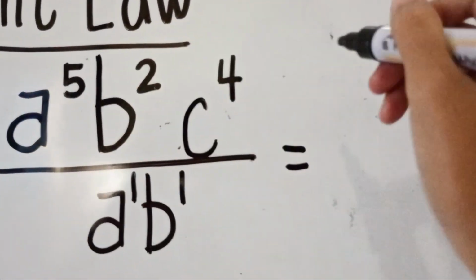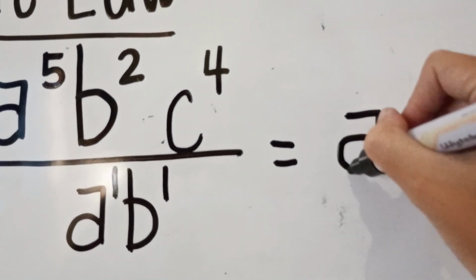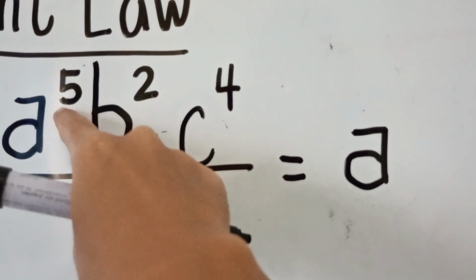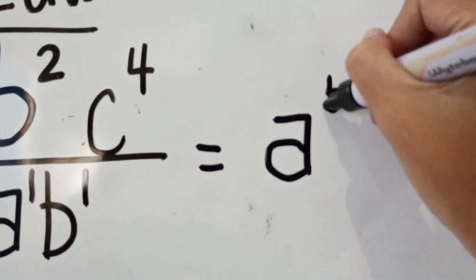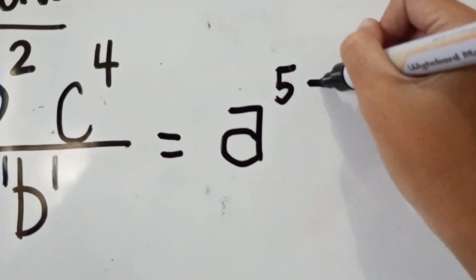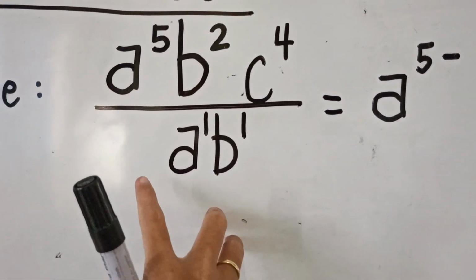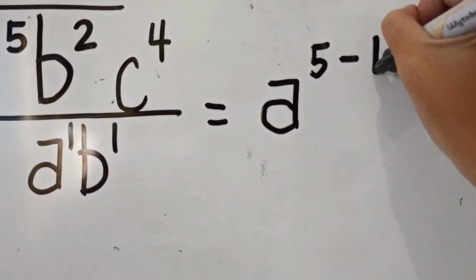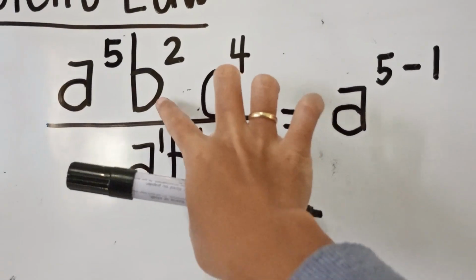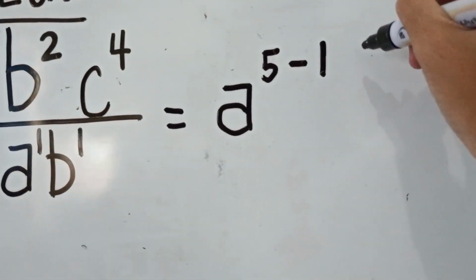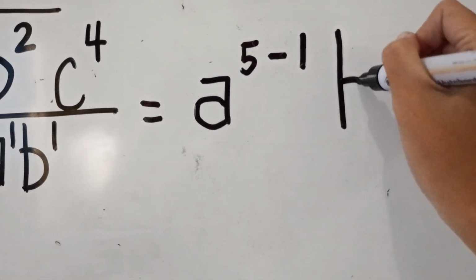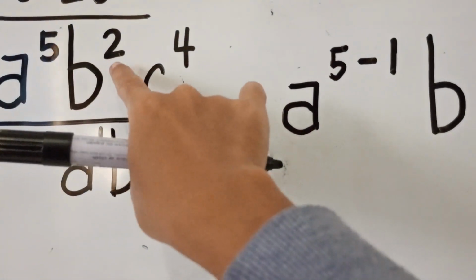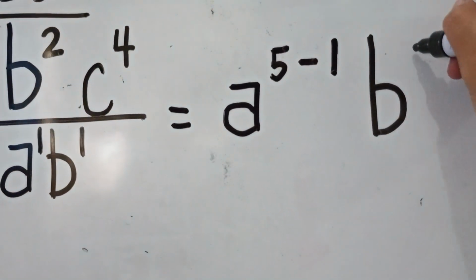So we're gonna have first the a, and then write the exponent of a, which is 5, and at the lower part we're gonna check the exponent of a, which is 1. So we're gonna copy 1 over here. Next, let's have the variable b, and then copy its exponent, which is 2.